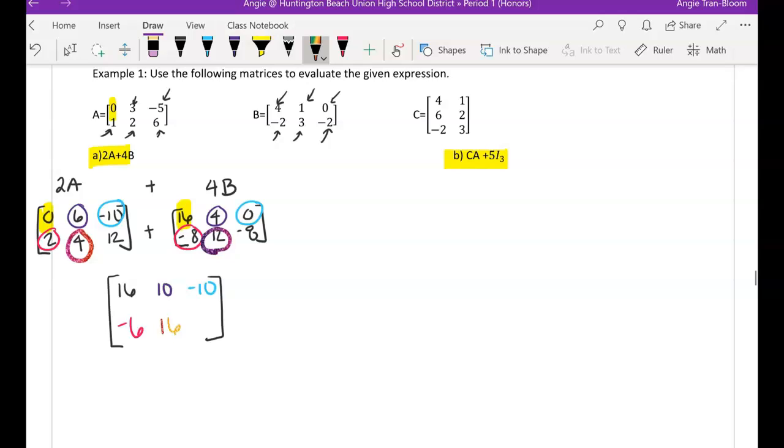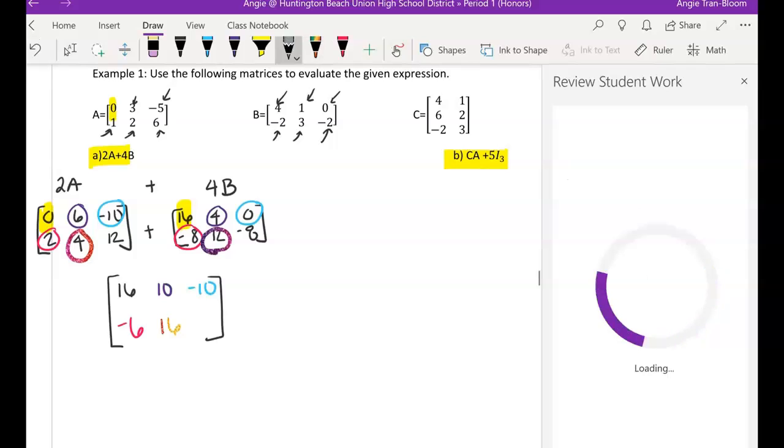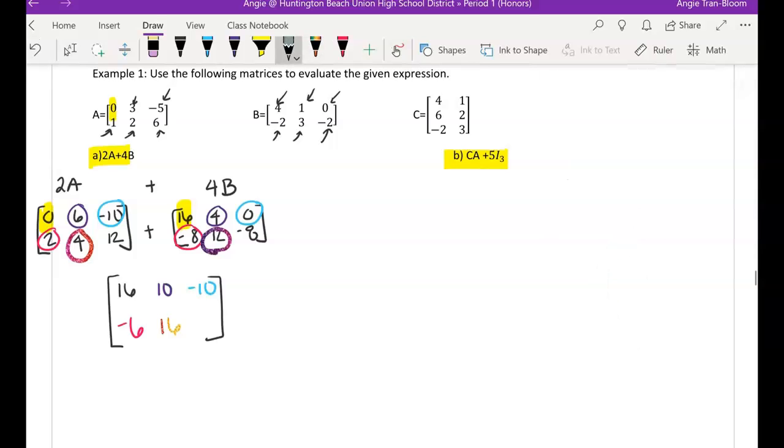And the last entry, let's use gray. The last one is going to be 12 plus negative 8, which is now positive 4. So that's the final answer. Let's box it up. And that's how you multiply a scalar, and that's how you add 2 matrices. And again, remember, you can only add 2 matrices if they have the same number of rows and the same number of columns.